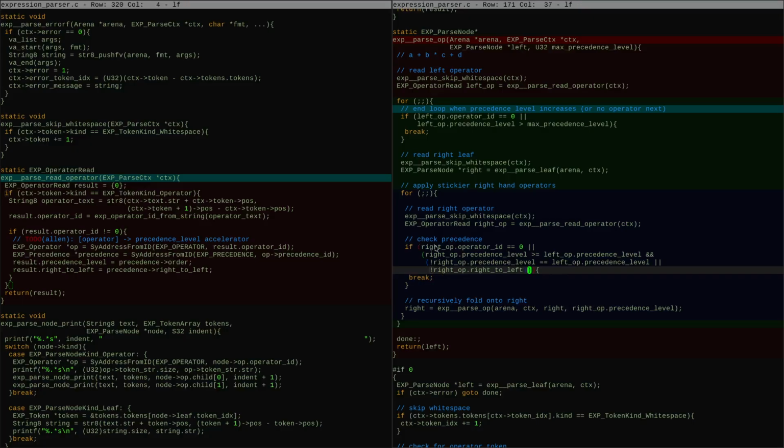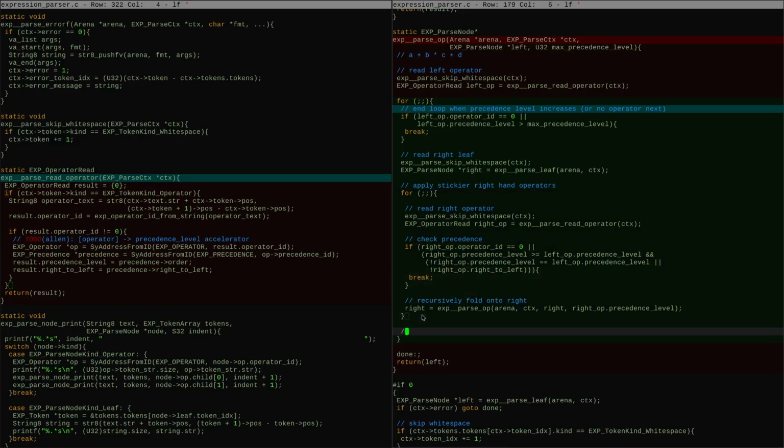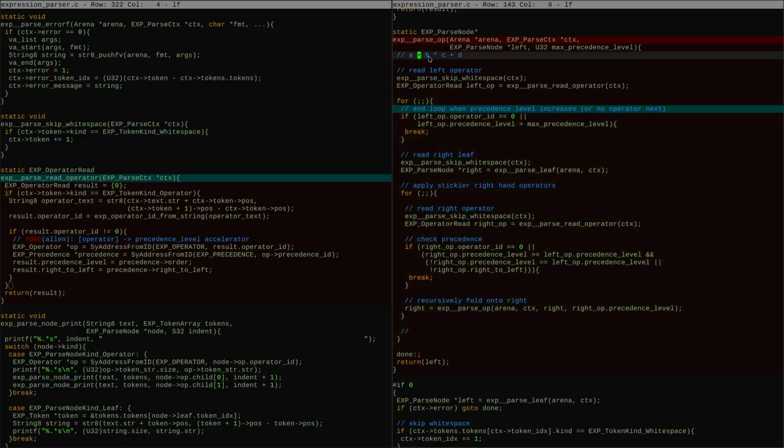It's like this. So if we check the right operator and there's no operator, we break out, and we don't have it yet, but there is a last thing we do. This takes the right side and it applies, so we would do like A plus B is our right side, and it applies all the stickier stuff like B times C and gathers it up.